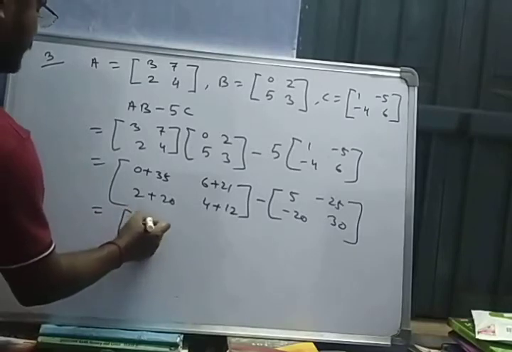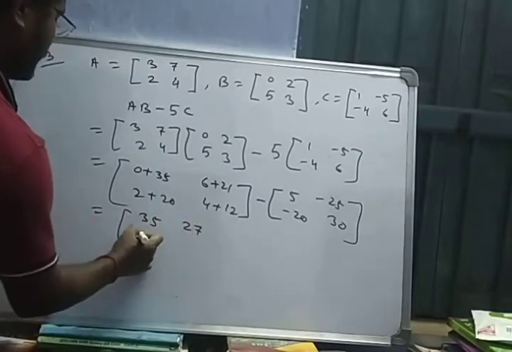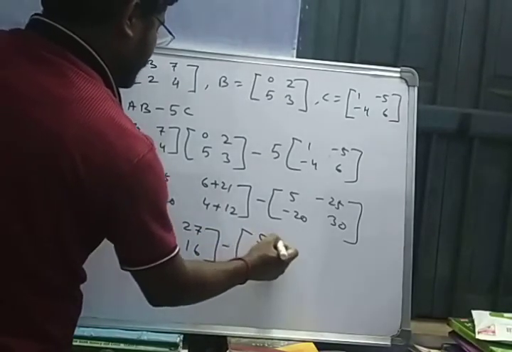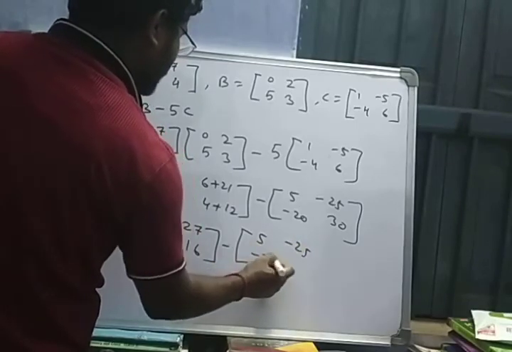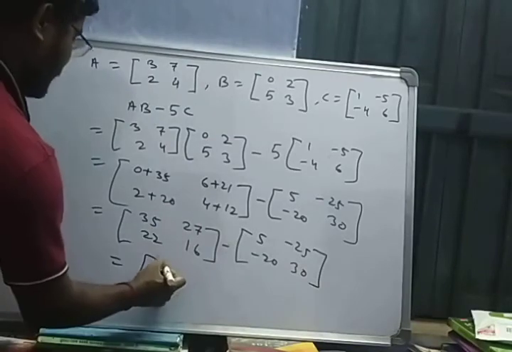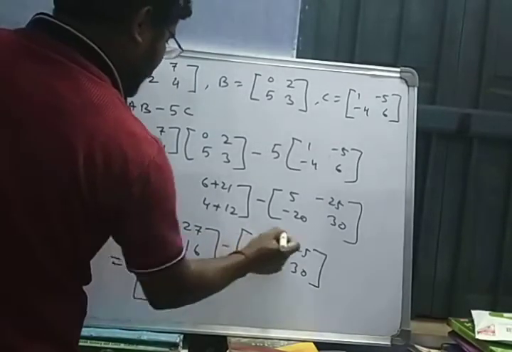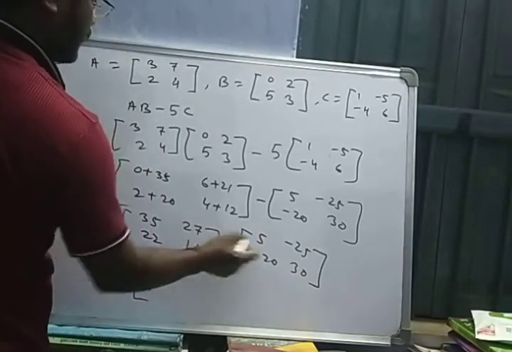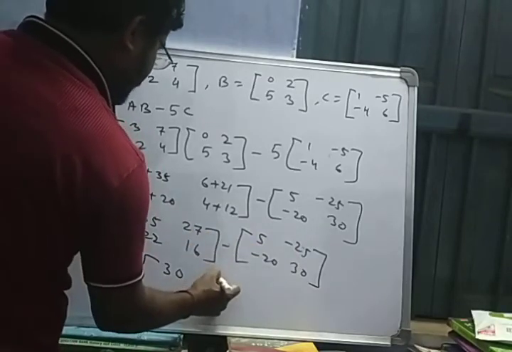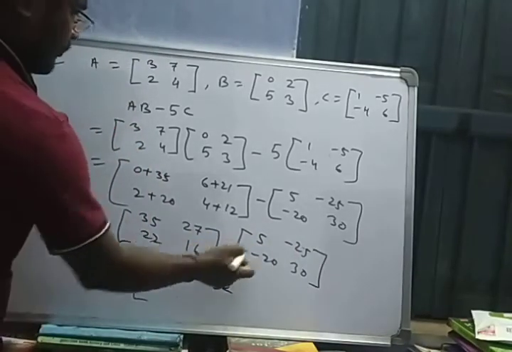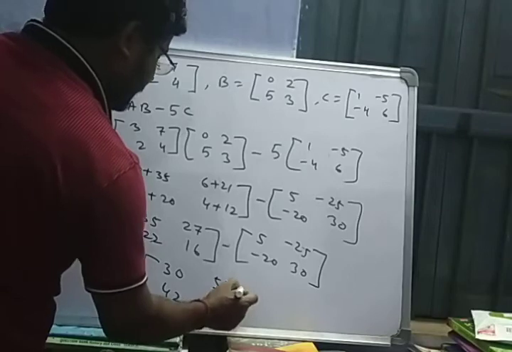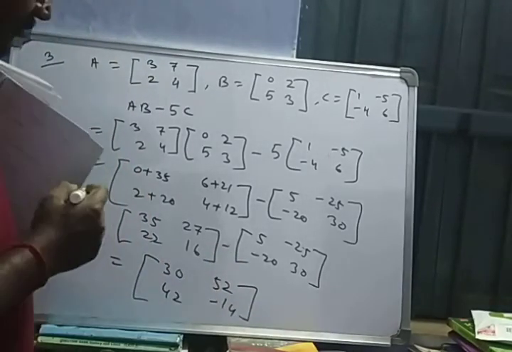Then this is 35, 27, 22, 16 minus 5, minus 25, minus 20, 30. 35 minus 5 is 30. 27 plus 25 is 52. 22 plus 20 is 42. 16 minus 30 is minus 14. This is the answer. Okay, understood?